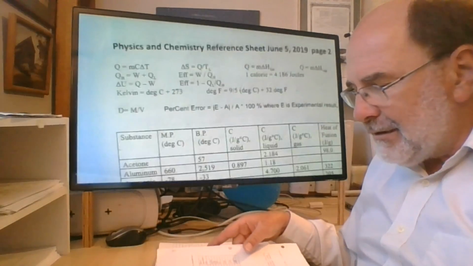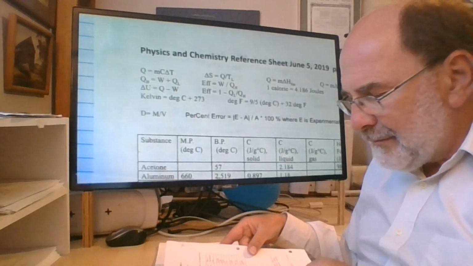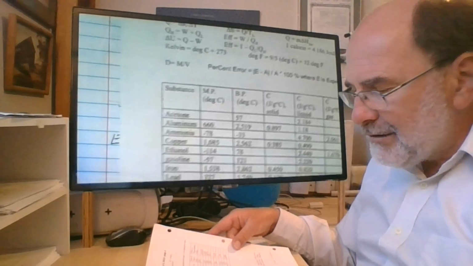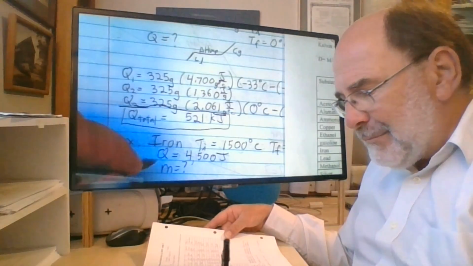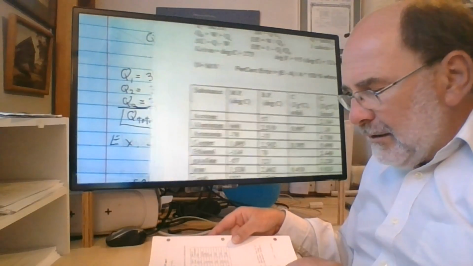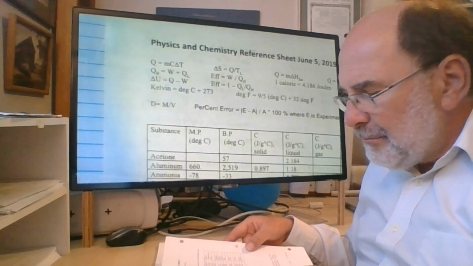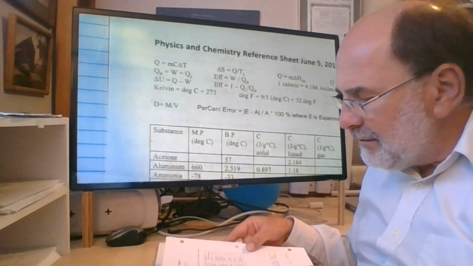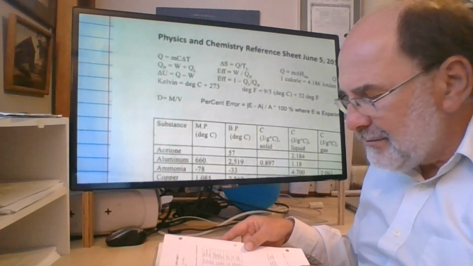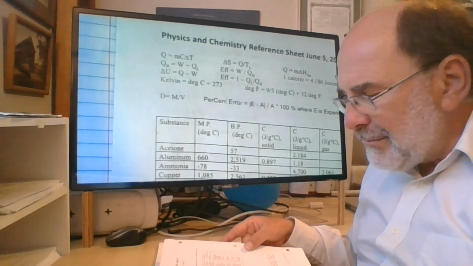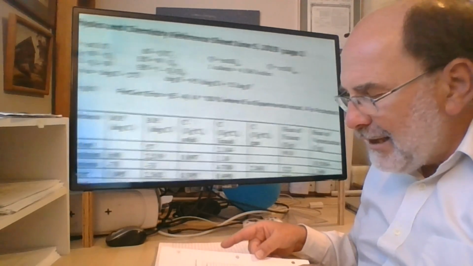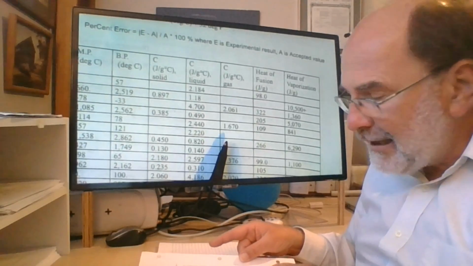So off to the valuable reference table. And for iron, I see its melting point is 1,538 degrees. So I'm beginning in a solid state. The boiling point of iron is 2,862 degrees. So I'm making the same conceptual mistake I made with copper, because I don't have the specific heat of iron in the gas state.